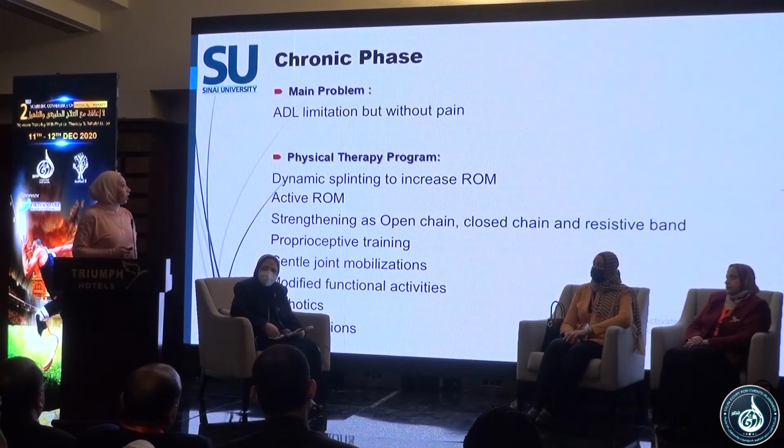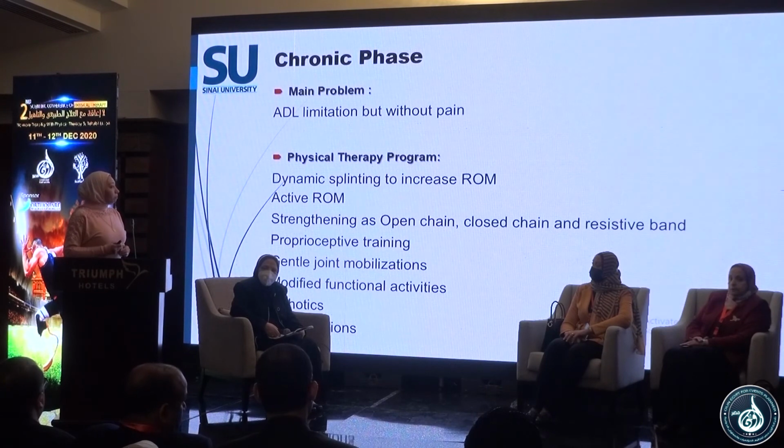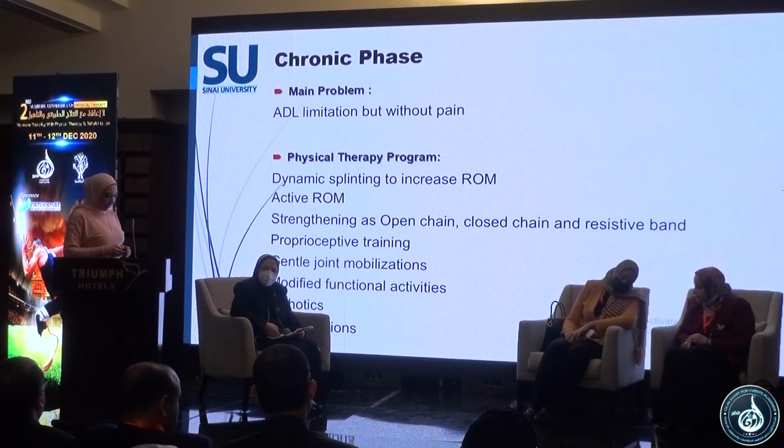Finally, in the chronic stage, we should use dynamic splinting to increase range of motion. We must do active range of motion, strengthening exercises such as open chain, closed chain, and resistance band, proprioceptive training, gentle joint mobilization, and modifying muscular activity.